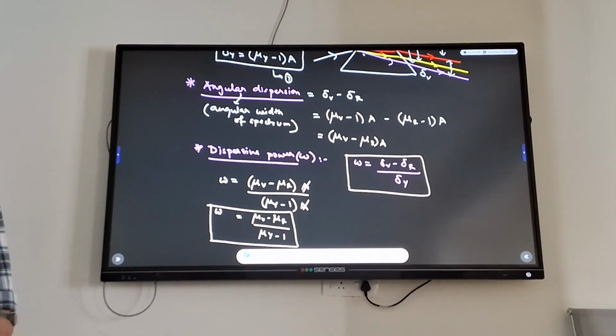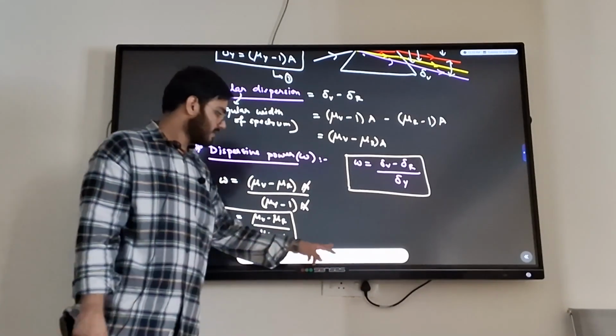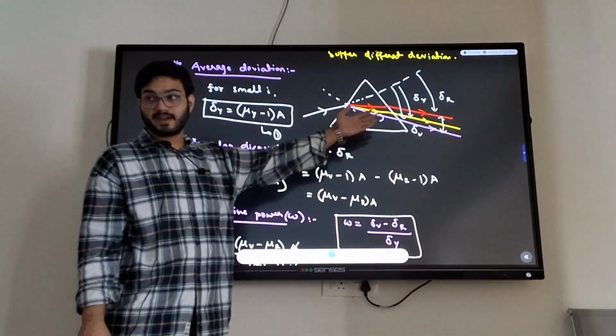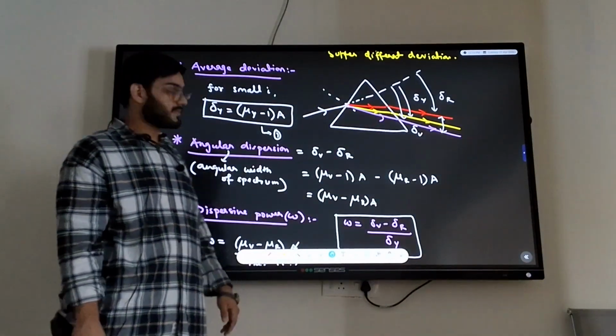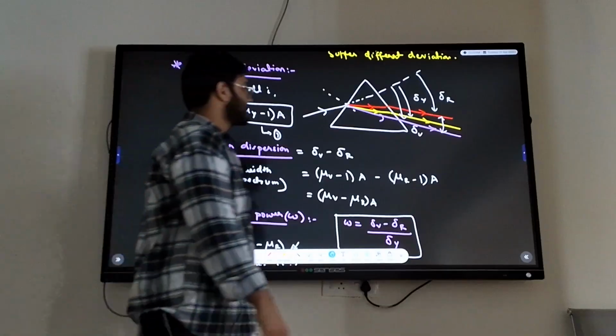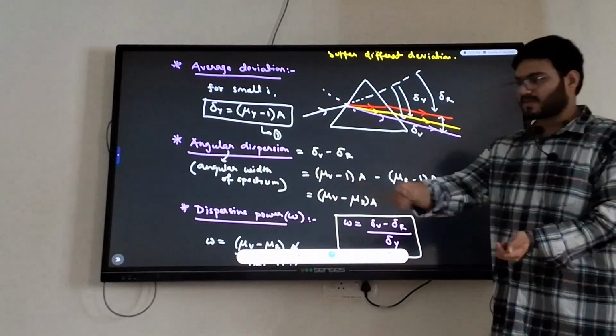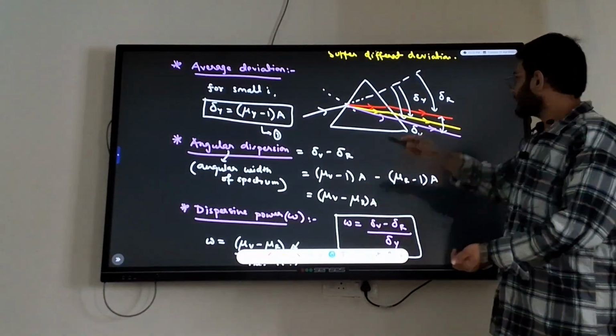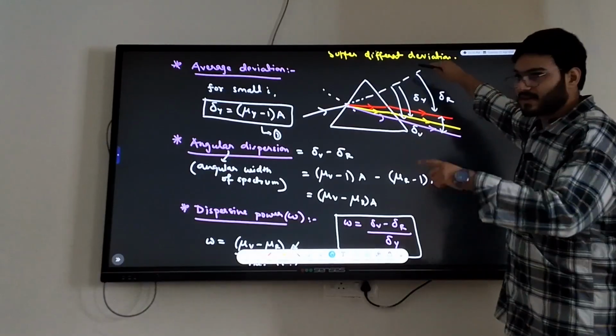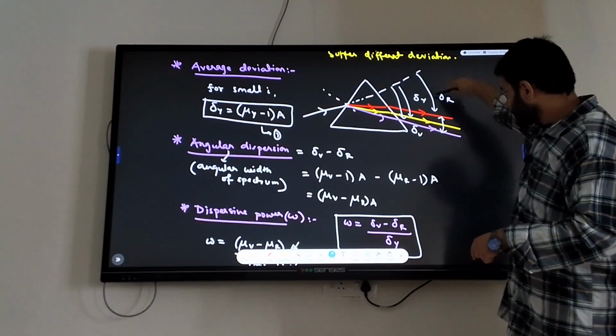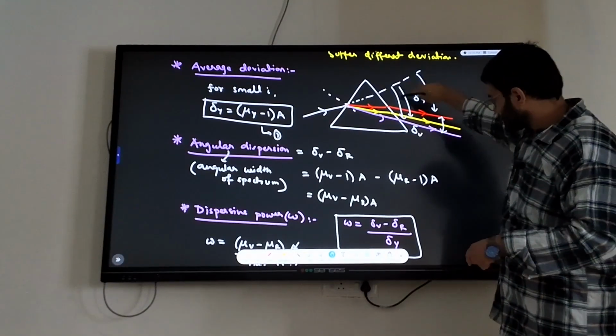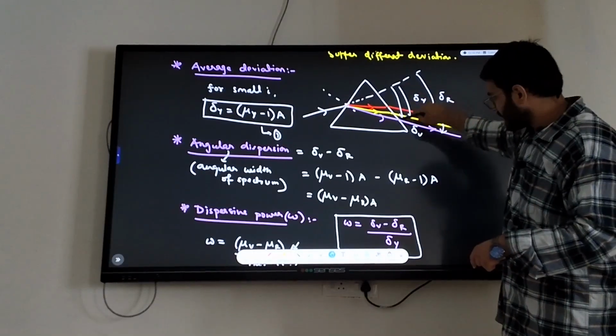Can you look at the dispersive power in the above diagram? What is it in this diagram? Angular dispersion is basically the angular width of the spectrum. And what is that angular width? It's the deviation between the extreme colors, one of them red, one of them violet, with yellow in the middle.